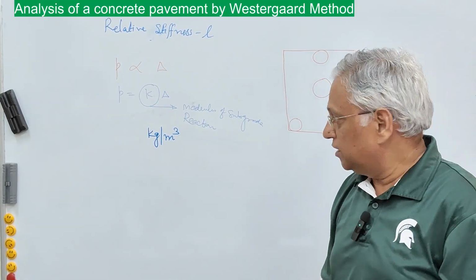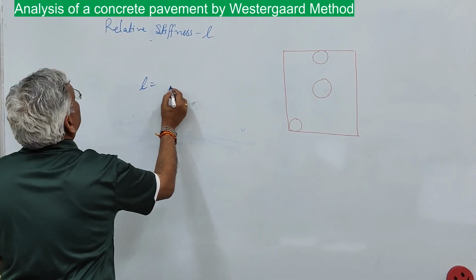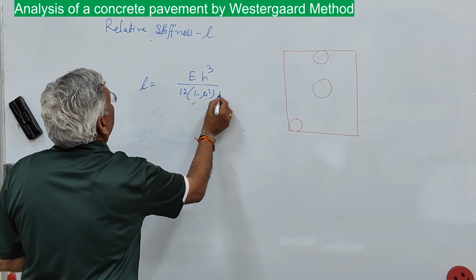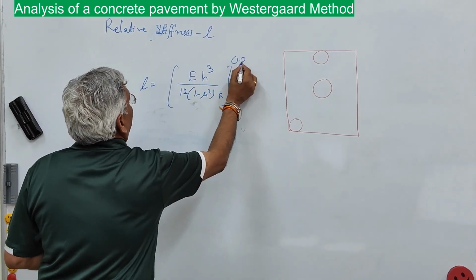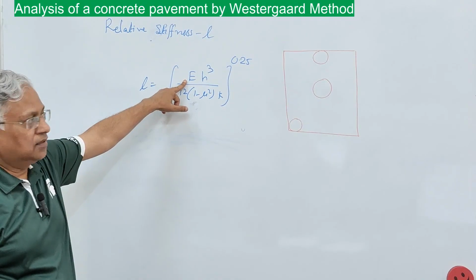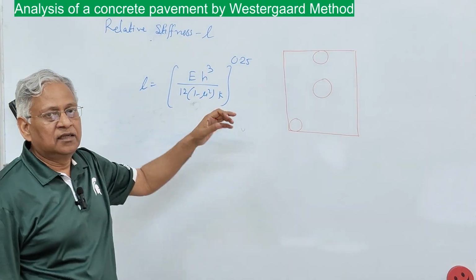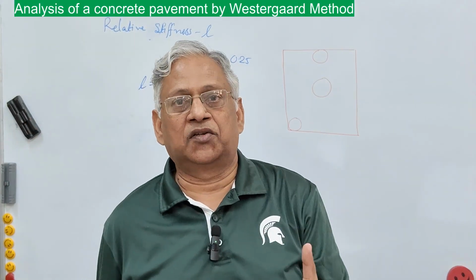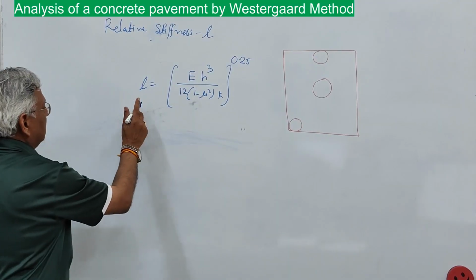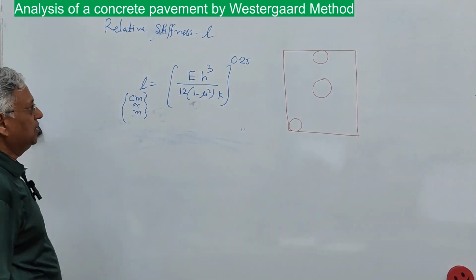And this radius is given by this equation: l equals the fourth root of E H cube upon 12 into (1 minus mu square) into K. E is the modulus of elasticity of the concrete, H is the slab thickness, mu is the Poisson ratio of the concrete, K is the modulus of subgrade reaction, and l is the radius of relative stiffness, and its unit is centimeter or meter, as you take the unit of E, H and K.